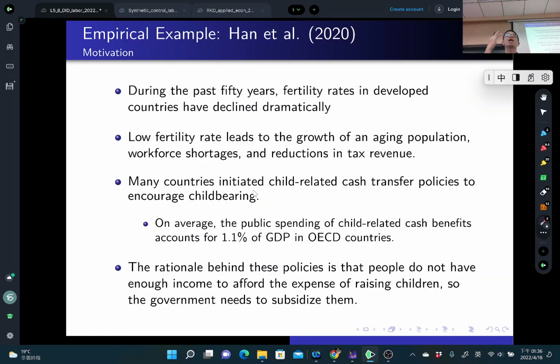So that's why the government needs to subsidize. Children not only give utility to the parents, but also might support the government's tax revenue or increase economic growth. So that might also benefit people who do not have any children. So the government might want to implement such a policy to give more money to those who have children. Okay.